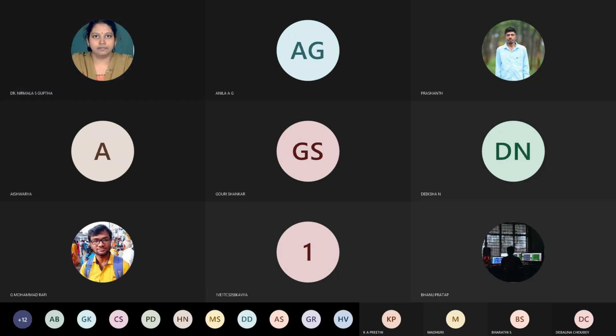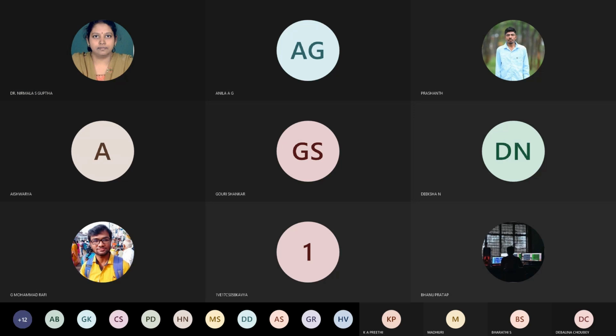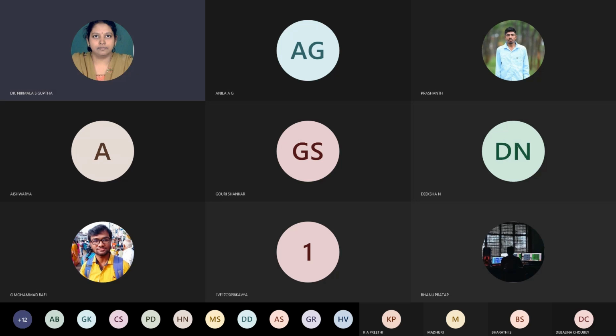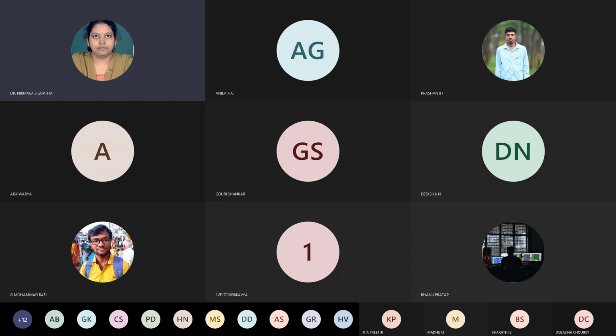For a size of 2000 square feet and the number of rooms being 3, so the number of rooms is 3. Can we do that?